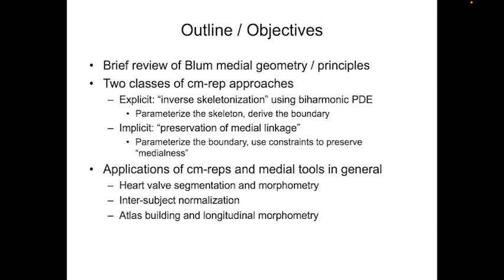The second class of approaches is the opposite, where we start by parametrizing the boundary, but we impose constraints on boundary points so that the boundary corresponds to a medial axis of a certain structure.